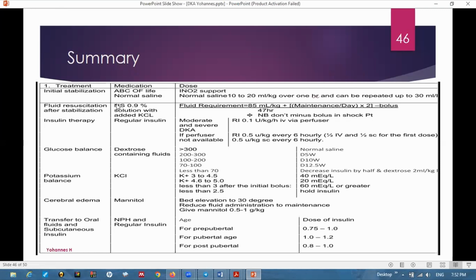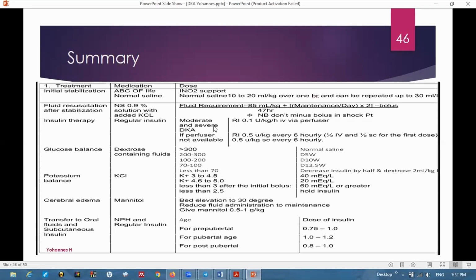The deficit will be calculated based on 8.5% deficit. So fluid requirement equals 85 ml per kg plus 2 times maintenance over 48 hours. Here we will subtract the bolus if the patient is not in shock. If the patient is in shock, we don't subtract the bolus.